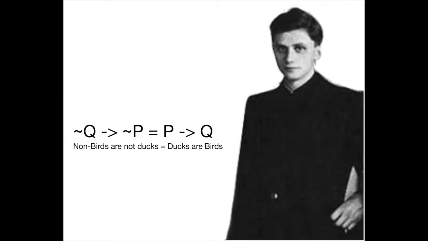Now let's use the contrapositive to examine our non-duck. If our non-duck is also not a bird, then it demonstrates that non-birds are not ducks, and therefore that ducks are birds. It would fit under the fourth row.